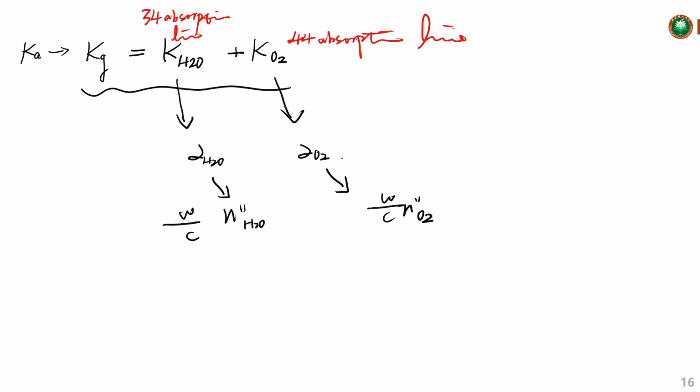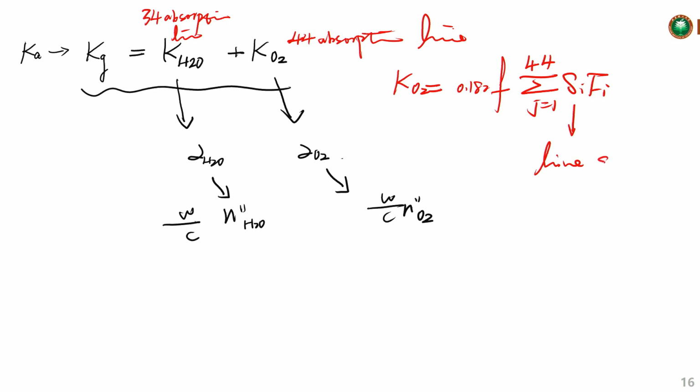So the oxygen can be represented by the sum over j equals 1 to 44 of S_i times F_i, where S_i is the line strength and F_i is the shape function.